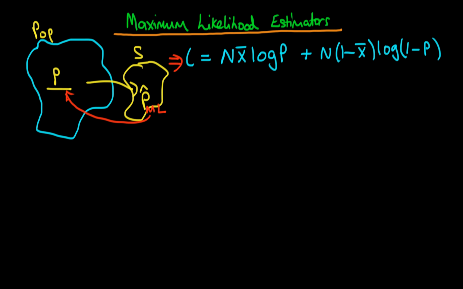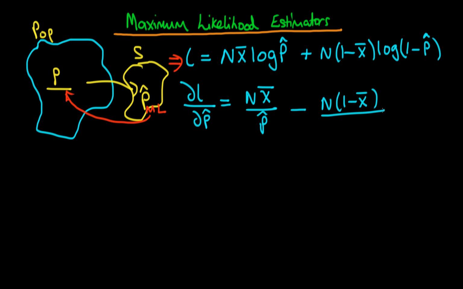Okay, so the idea is that we're trying to choose P, or strictly P hat, in order to maximize the log likelihood. So what we're actually going to do is differentiate the log likelihood with respect to P hat, and then set it equal to 0. If I differentiate with respect to P hat, we get n times x bar divided through by P hat minus n times 1 minus x bar divided through by 1 minus P hat.